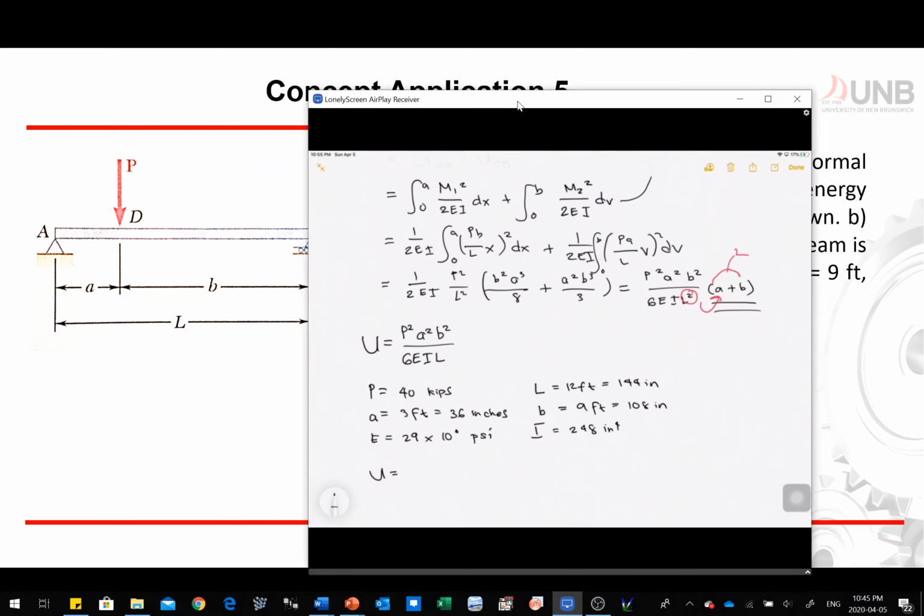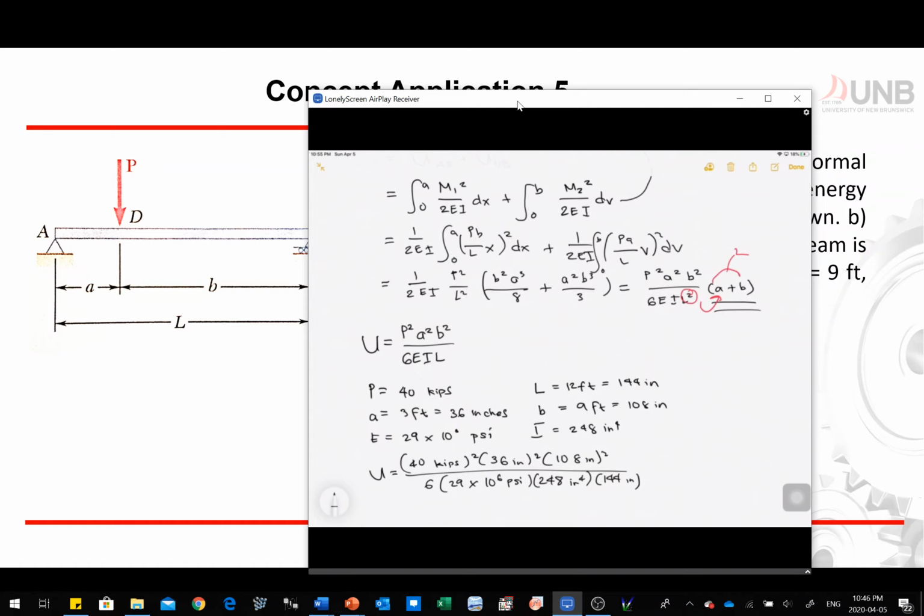Now, using all those numbers, which is again just given in the problem right here, you have U is equal to 40 kips squared, 36 inch squared, 108 inch squared divided by 6, 29 times 10 raised to 6 psi, 248 inches raised to 4, and 144 inch.